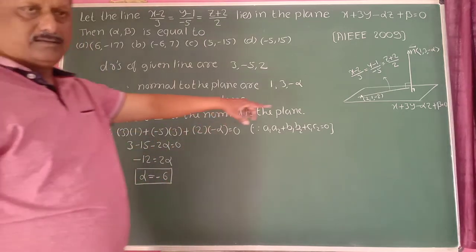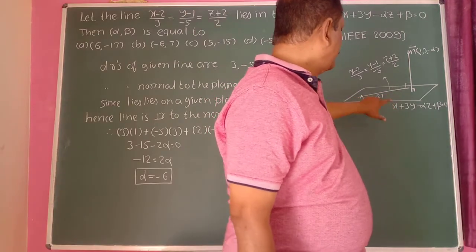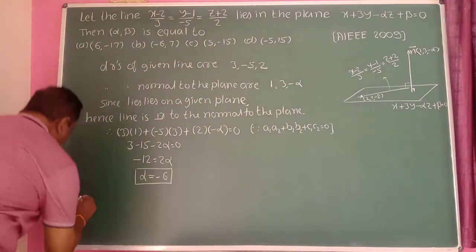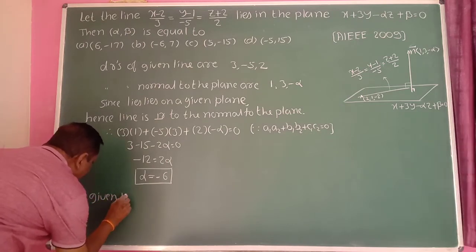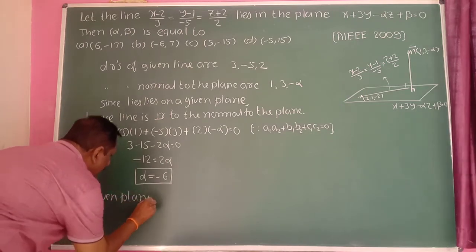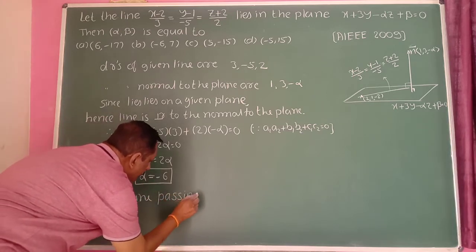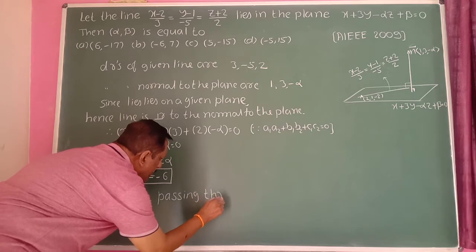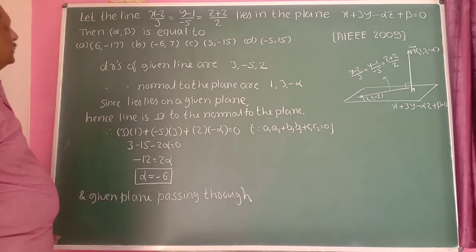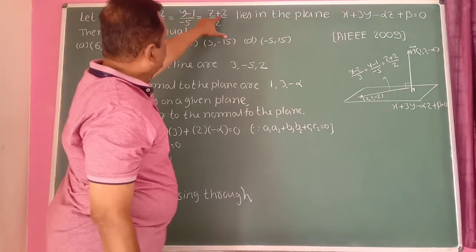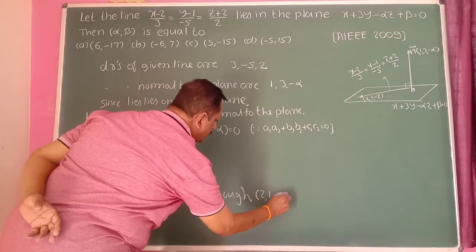Next, the given plane passes through the point (2, 1, minus 2).